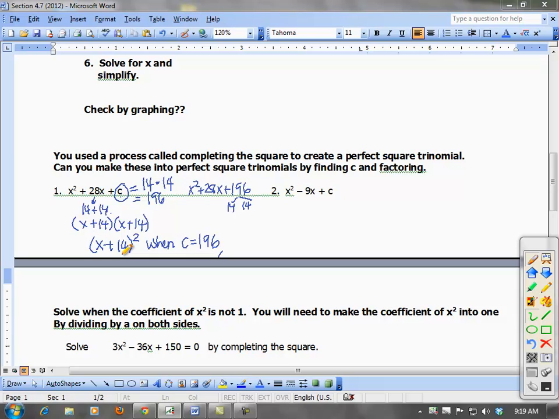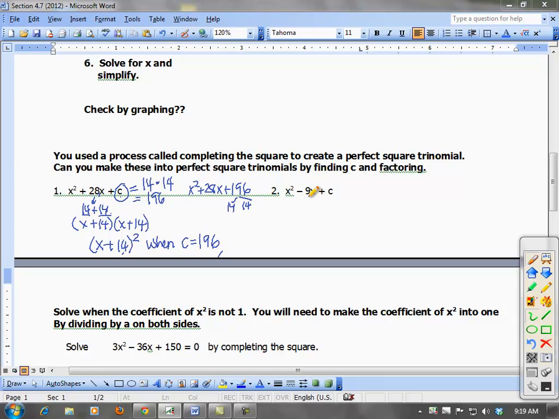Okay? Now let me go a little harder for a minute. I have x squared minus 9x. 9 is not a number where you can think of two whole quantities that add together to get 9. But what I'm going to do is split 9 in half, because we split 28 in half and got 14 and 14.